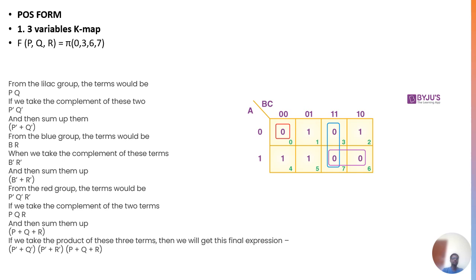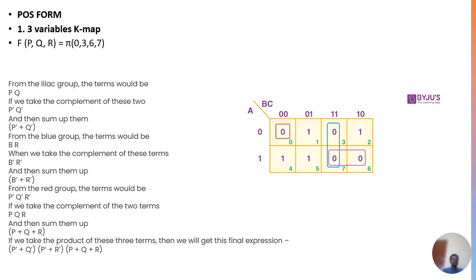POS form. Three variables case. The three variables are P, Q, R and the elements are 0, 3, 6, 7. From the first group, the terms would be PQ. If we take the complement of these two, that is P dash Q dash, and then sum them, it is P dash plus Q dash. From the blue group, the terms would be QR.